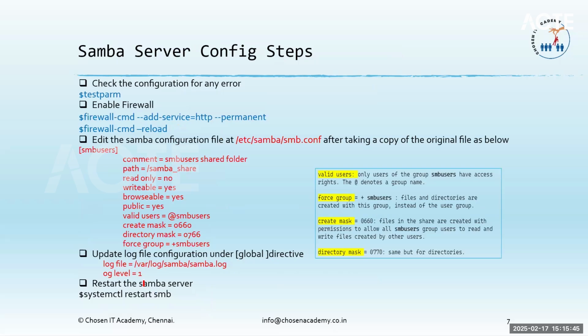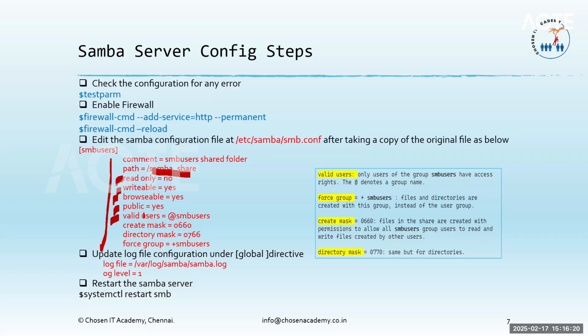Once that's done, there are some more things that we have to do. There is a configuration which we'll have to do in the smb.conf file. This will give the details about the shared directory. The shared directory is the samba_share, a directory that we have created just now. And we have to set these things: read only equal to no, writable equal to yes, browseable equal to yes, public equal to yes, valid users.